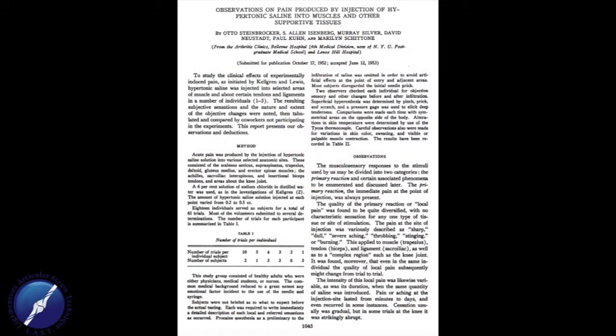And they did something like 20,000 injections on over 1,600 patients over the course of maybe 5 years to a decade. There is actually a research paper from the 1950s on the observation of pain produced by injection of hypertonic saline into muscles and other supportive tissues that you can find online, download and read.